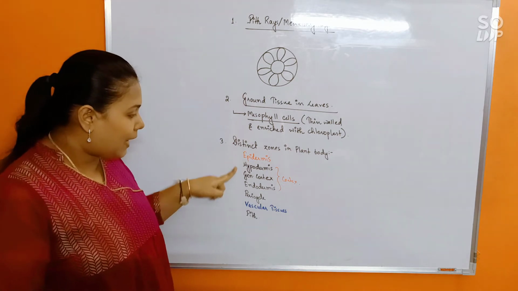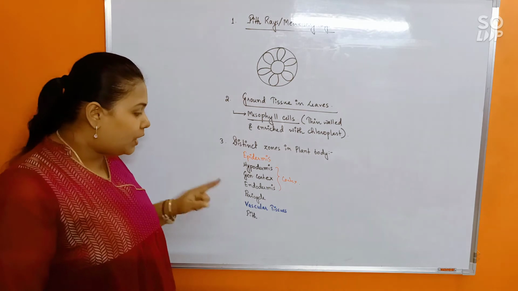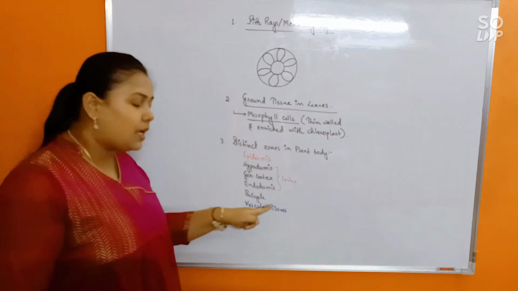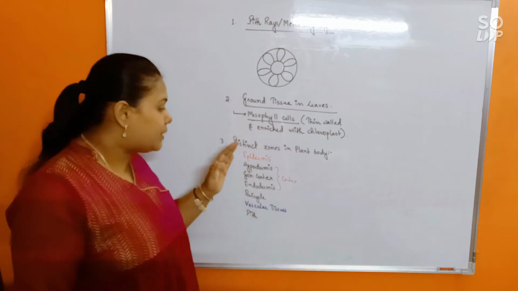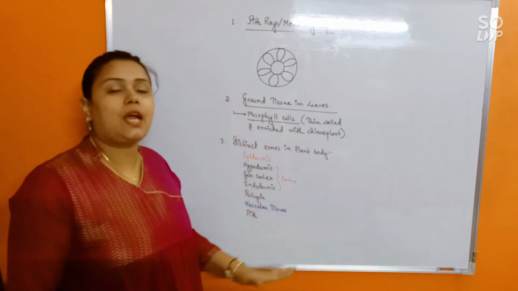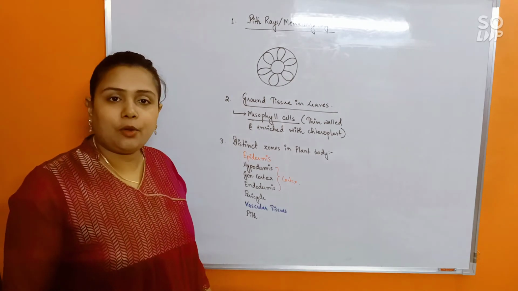These black colored marked ones are all ground tissue system. But in between pericycle and pith comes the vascular tissue system, that is the xylem and phloem. This is how the various layers inside the plant body would remain. Understood? Clear, I hope.